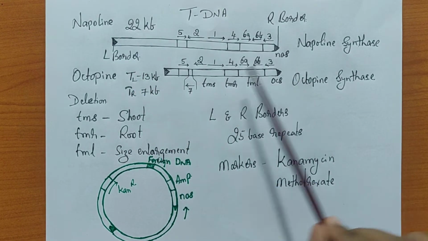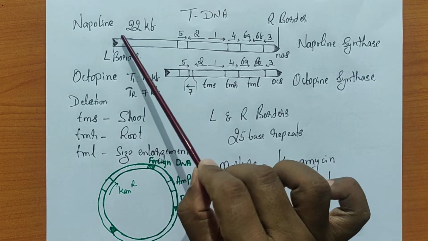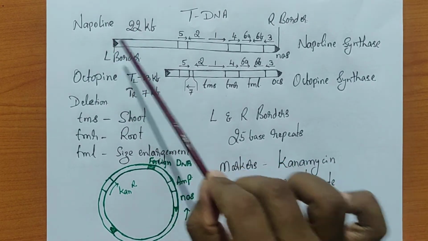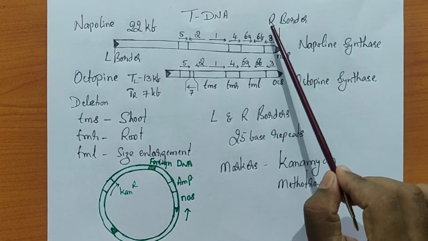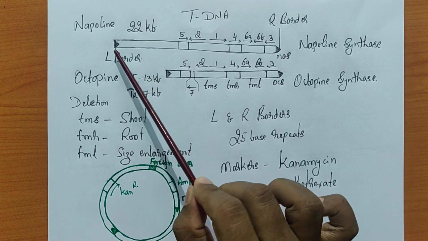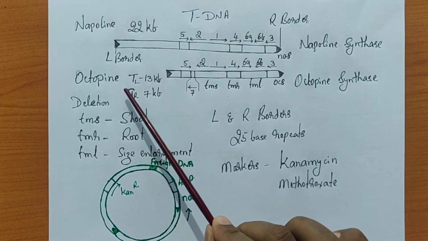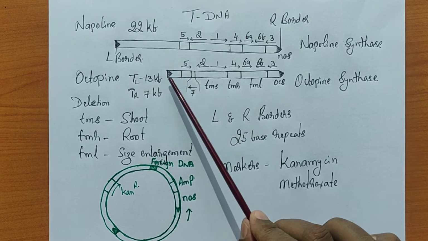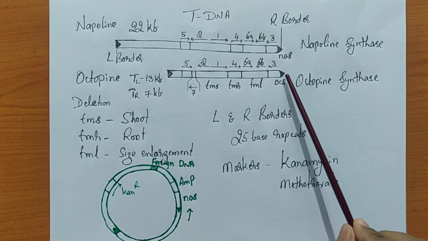So for the integration, the most important one, in the case of both the tDNA of nopaline and octopine, is this region. We call this the border sequence. We have a right border sequence and a left border sequence in the nopaline, and in the case of octopine again we have a left border sequence and a right border sequence.